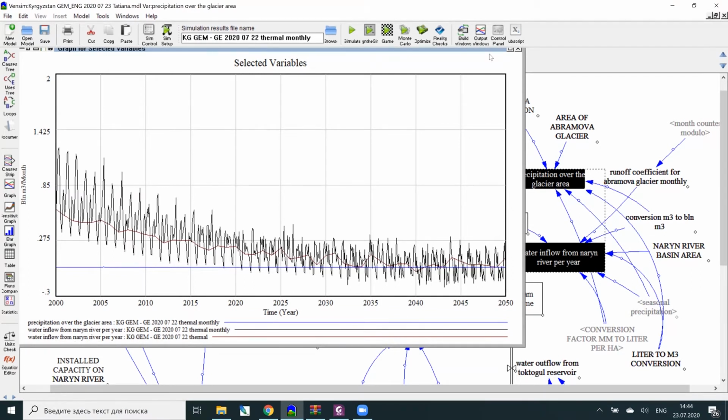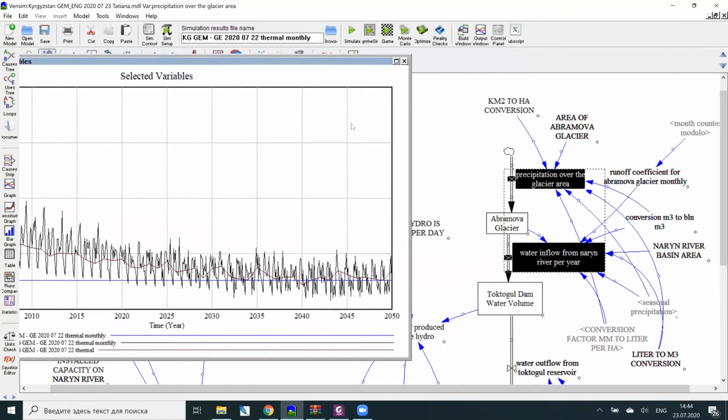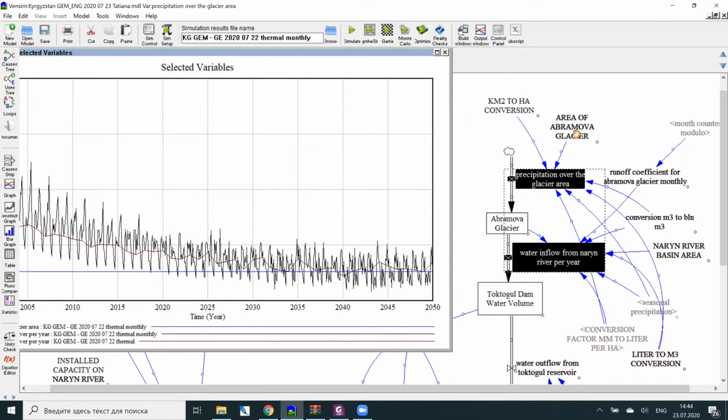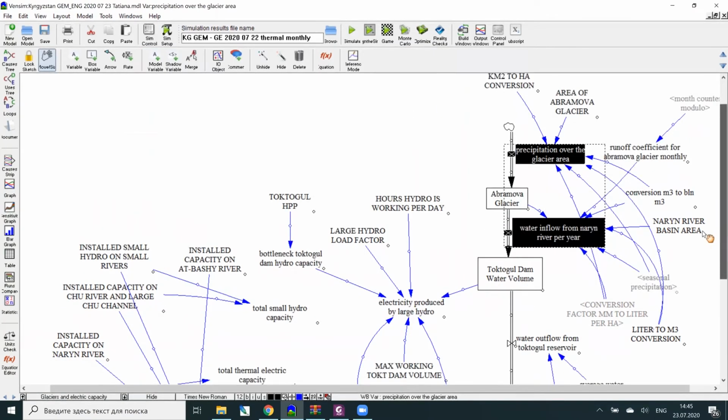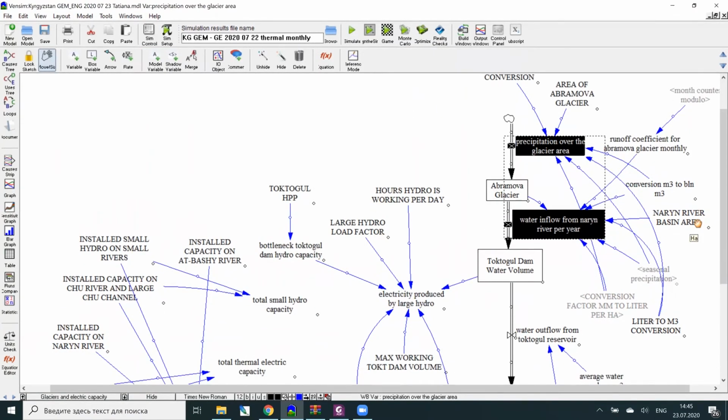So let's see the two formulations on the right side. You have the precipitation over the glacier, which is affected by precipitation and the area of the glacier. And then we have the inflow from the river into the dam, which is affected instead by the river basin area and the runoff coefficient. These are the only two differences.